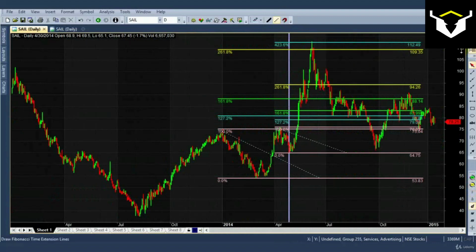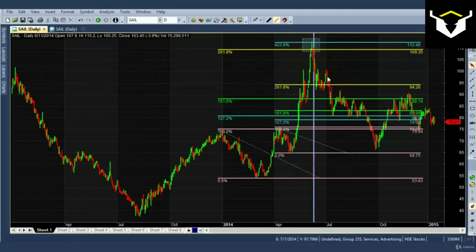So was 110 an important price range? Yes, because 261% of this major correction came at the 110 level, and similarly 423% of this minor correction came at this level as well. You can see prices touched these levels and sold down. A new trend ensued.